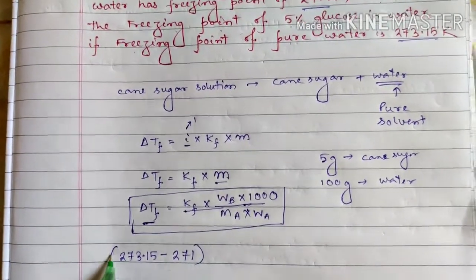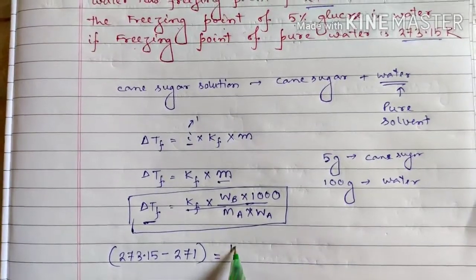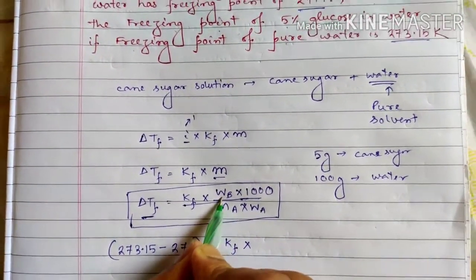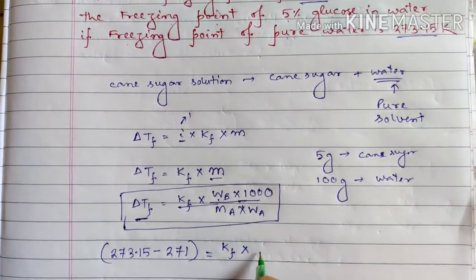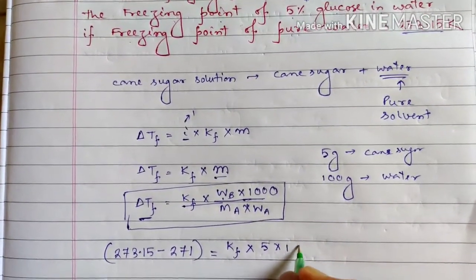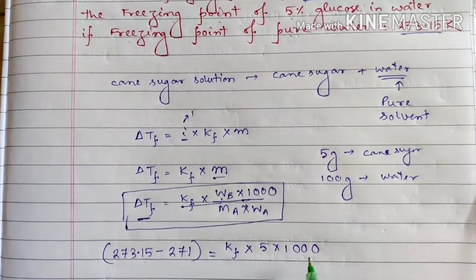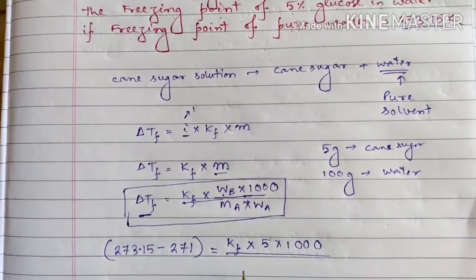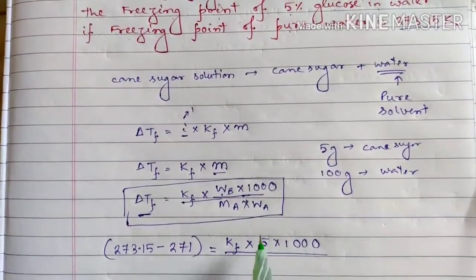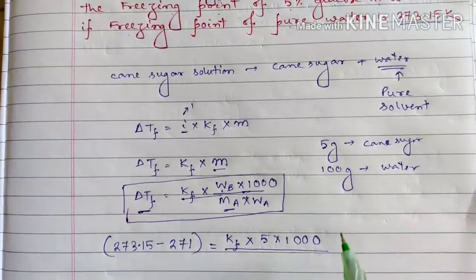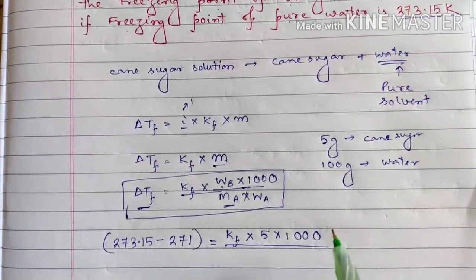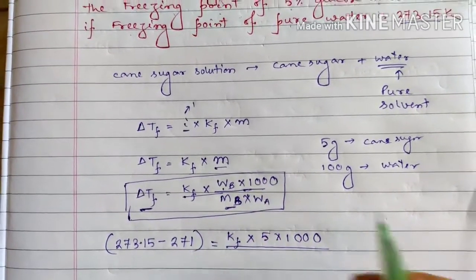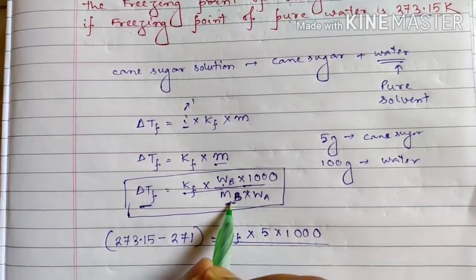271, which is equal to KF, which of course we have to calculate, WB, the given mass of solute, which is 5 into 1000, divided by MB, the molar mass, since WB by MB is the number of moles.